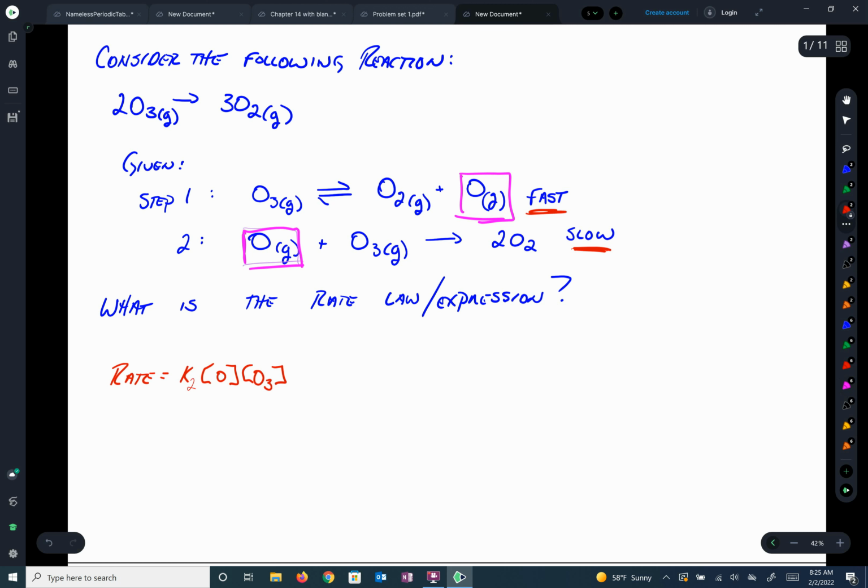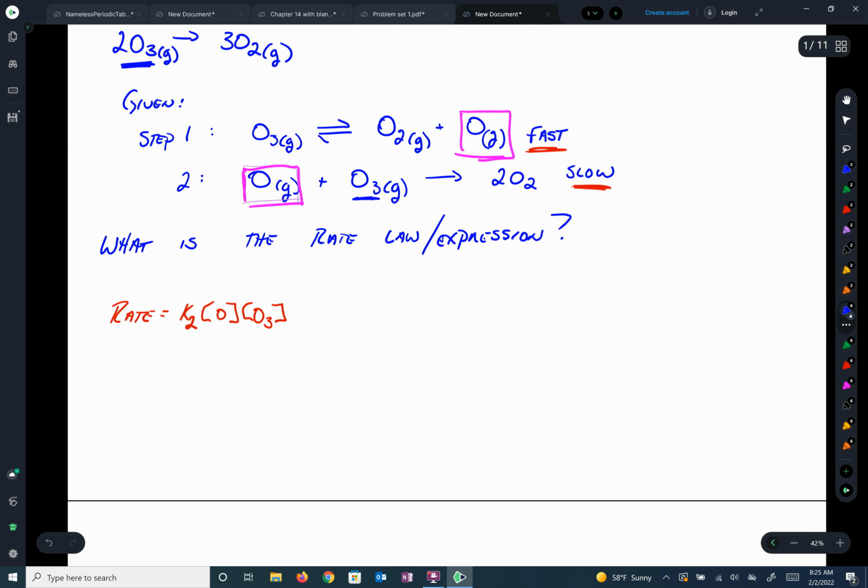I'm going to call this k2 here, because it's for the second step. This will just help us keep our k's all together. Oh, sorry, before I do that, let's take a peek. O3 is something that we add into this, so that's perfectly fine. So all we've got to worry about is that O. All right, so let's go and write the rate laws for the fast step there.